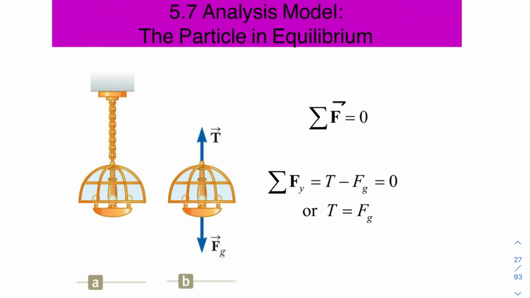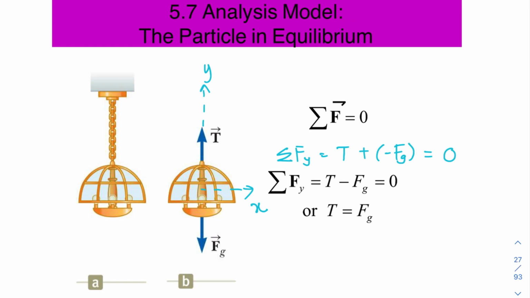So based on our common sense, we normally use upward as positive y, to the right as positive x. So T is going to be a positive sign because it's pointing upward along the positive y-axis. Summation of F along y is equivalent to T, plus negative of Fg, the weight, must be equivalent to 0 because this is in equilibrium.